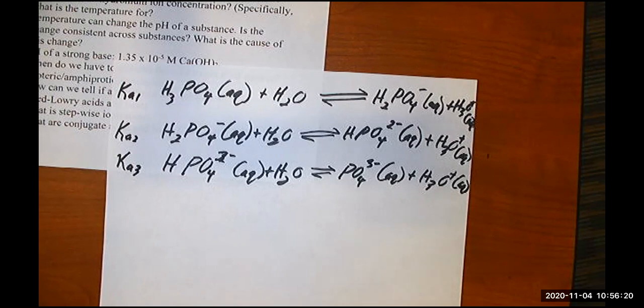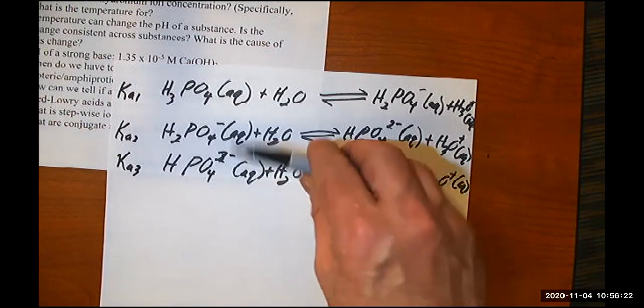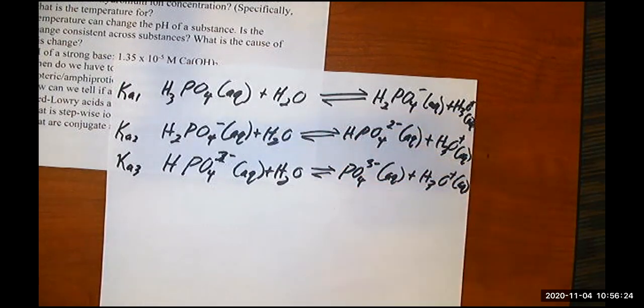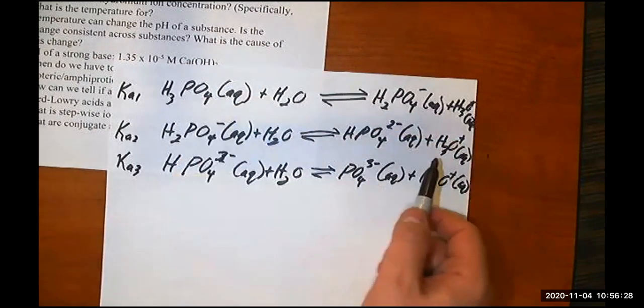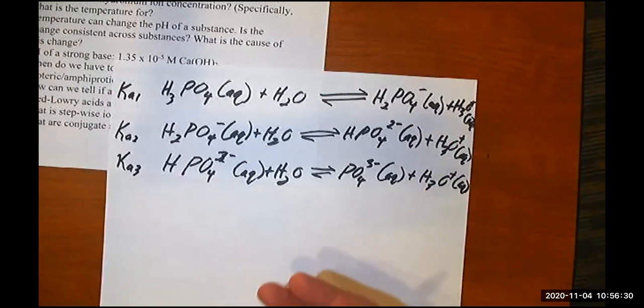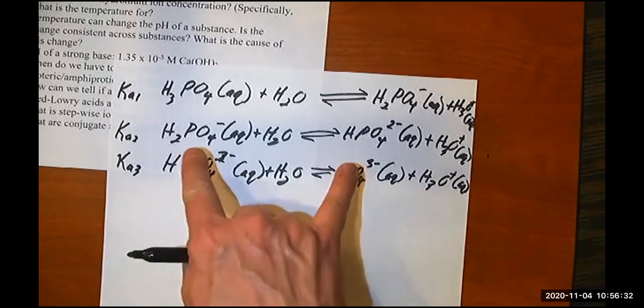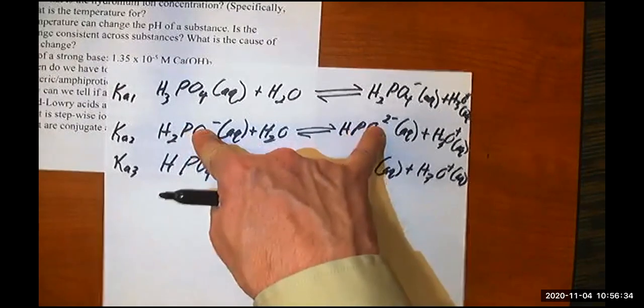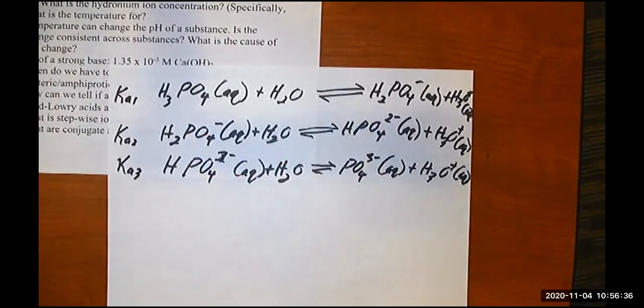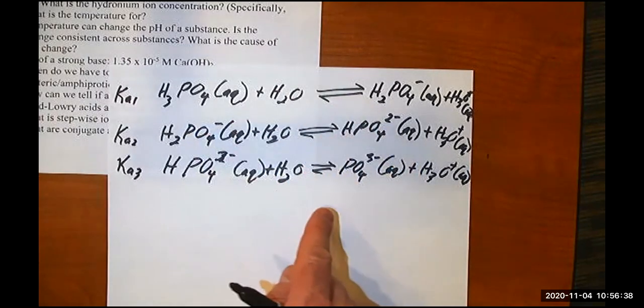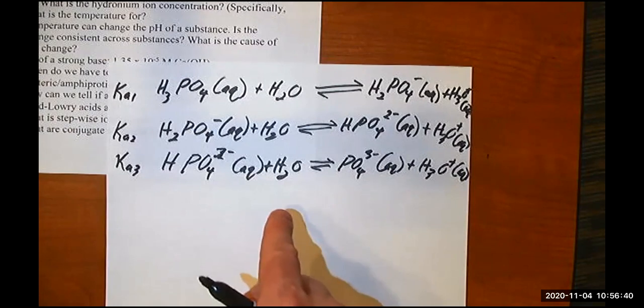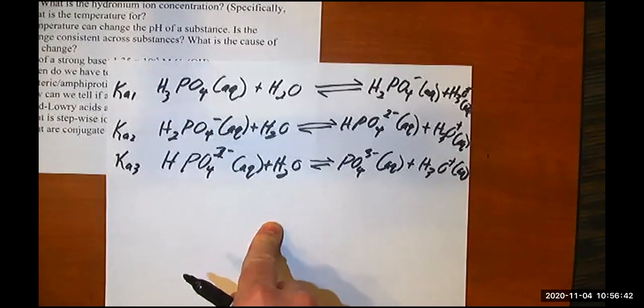And what that means is that at some pH, only one of these equilibria will be active, will be such that there's a reasonable amount of both sides in it. This, in fact, is going to be one of the examples that's going to be looked at in the small group activity you're about to do.